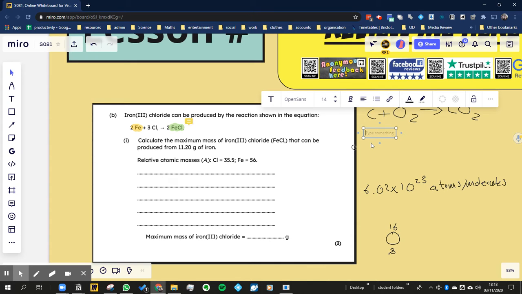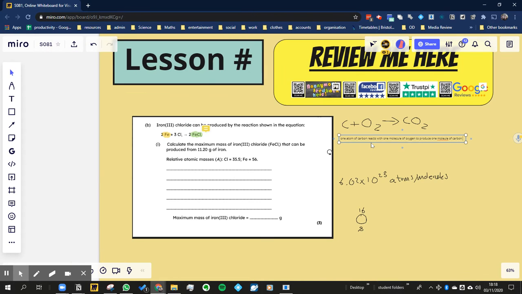The one on the right says 1 atom of carbon reacts with 1 molecule of oxygen to produce 1 molecule of carbon dioxide.